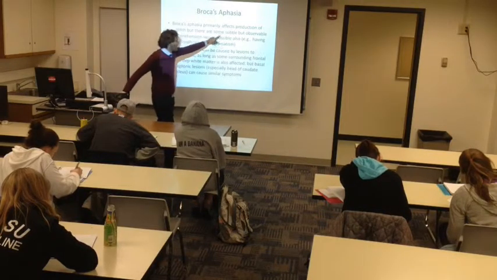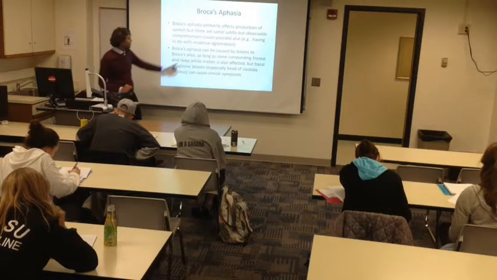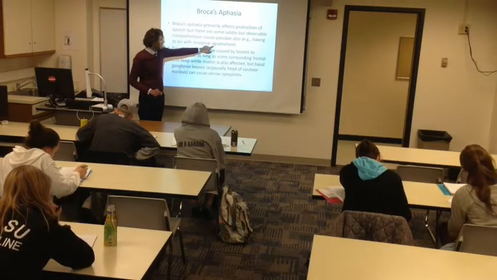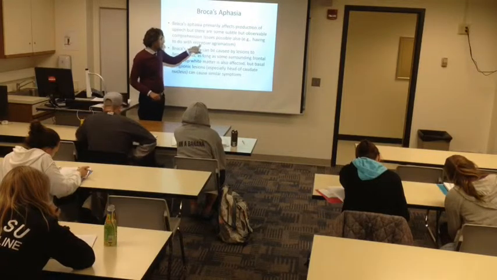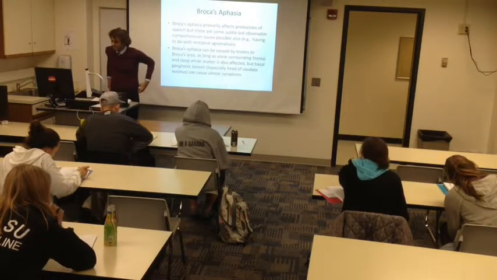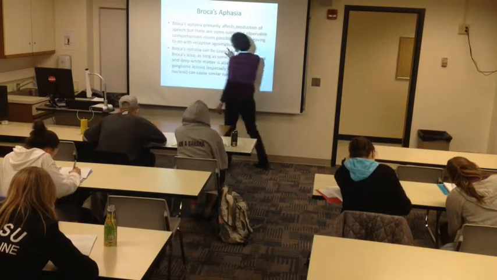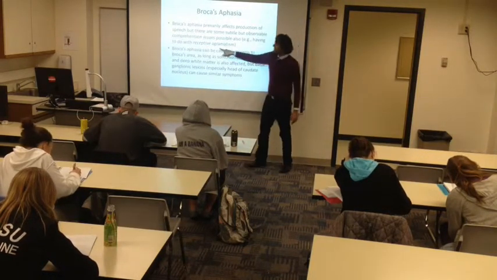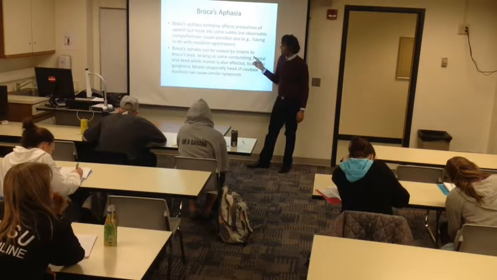Typically, there are subtle but observable comprehension problems. Those comprehension problems mirror the deficits in speech production, and so receptive agrammatism, meaning if the receptive content has to be judged based on its grammar, there may be errors. And I'll show you an example of that from the book in a moment.